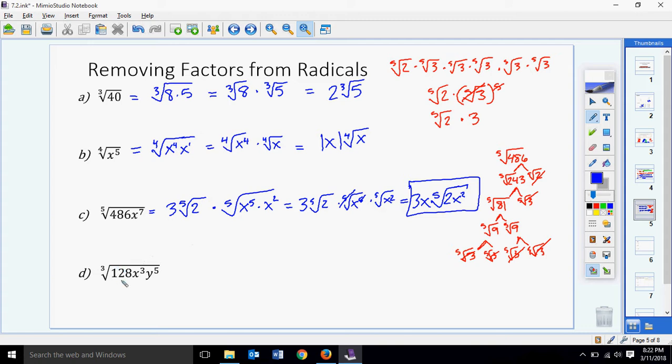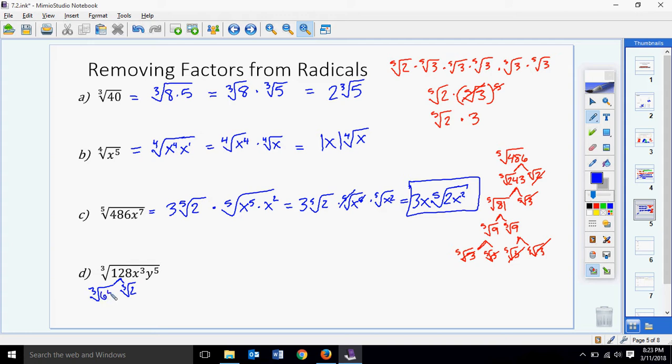Now, the cube root of 128, x cubed, and y to the 5th. So we're looking for perfect cubes here. If we think about breaking 128 down, just the number itself, if you divided it by 2, you'd get 64.